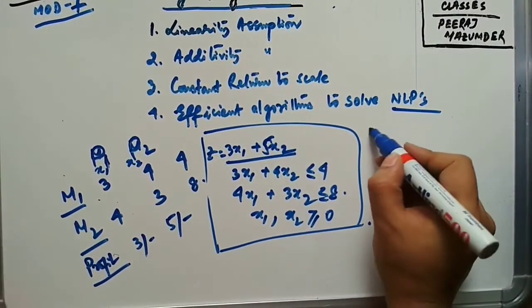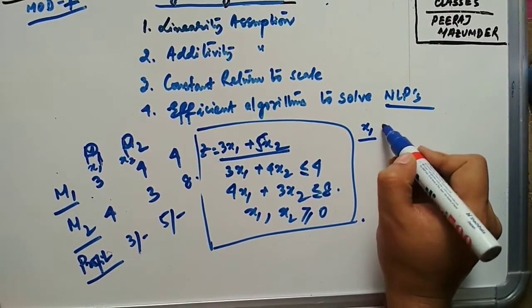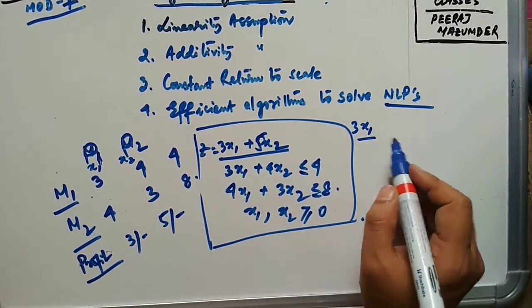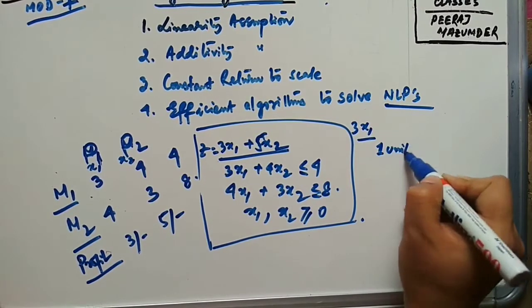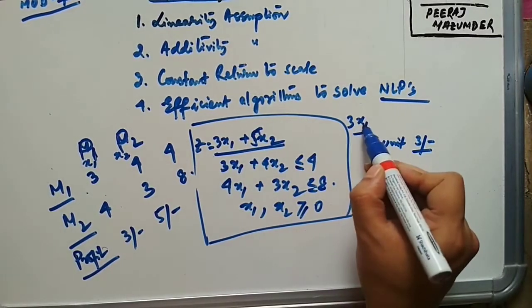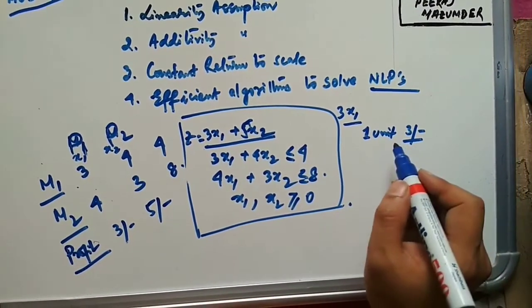Say we have x1 products and we get 3x1 profit, because for 1 unit of product we have 3 rupees of profit. This 3 into x1 gives you the total profit, but this may not be valid in some real life problems.